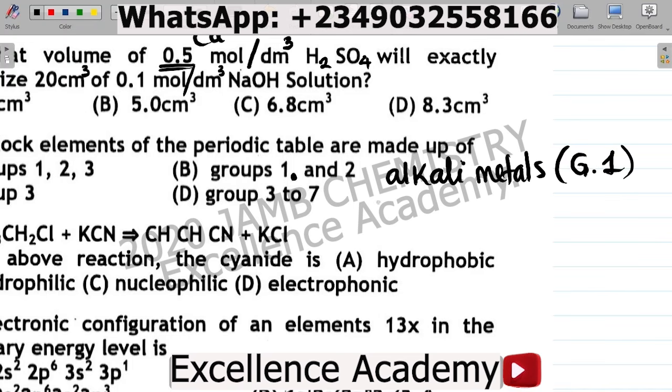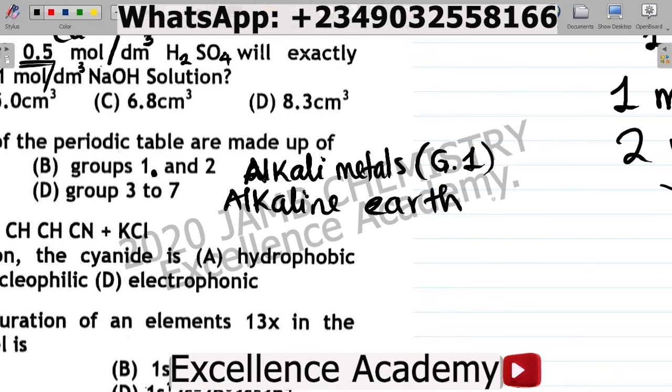Meanwhile, the alkaline earth metals, let me use capital A here. The alkaline earth metals are those elements in group 2. So the correct group 2, G2, that's group 2.